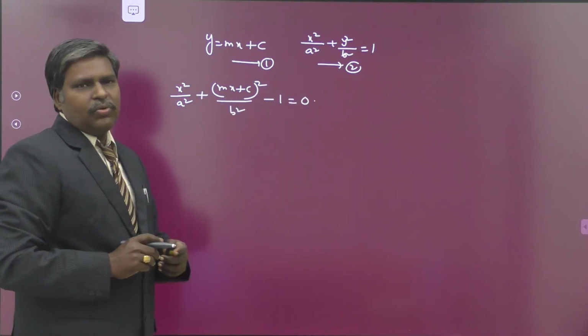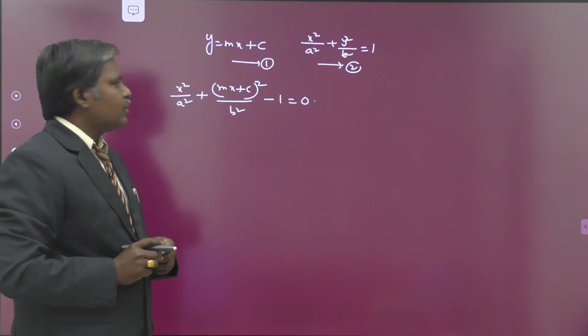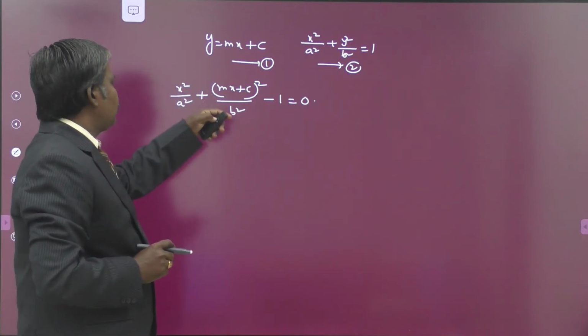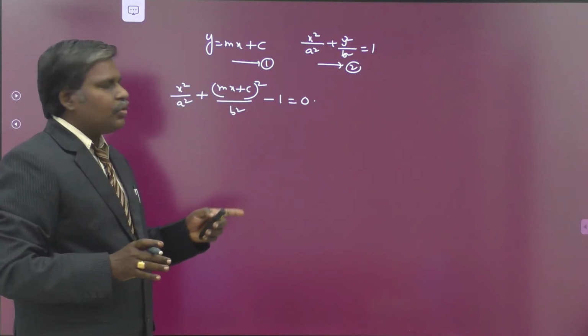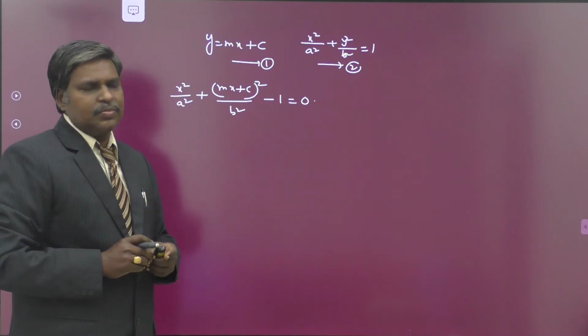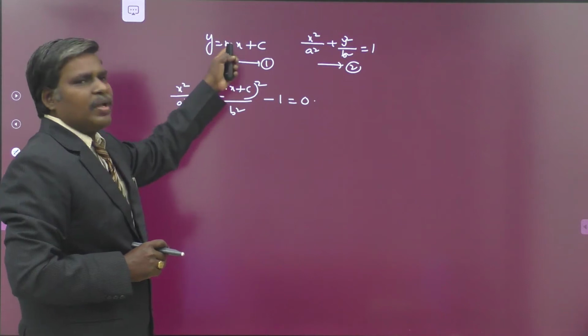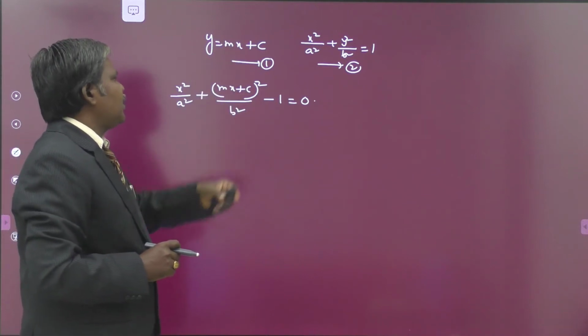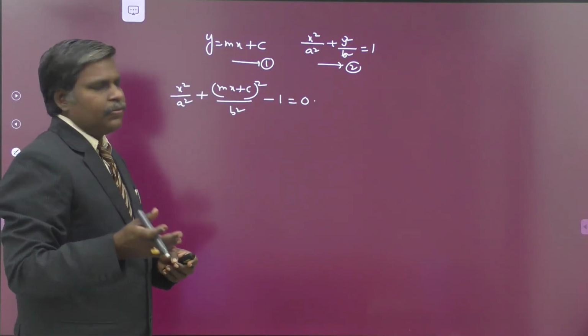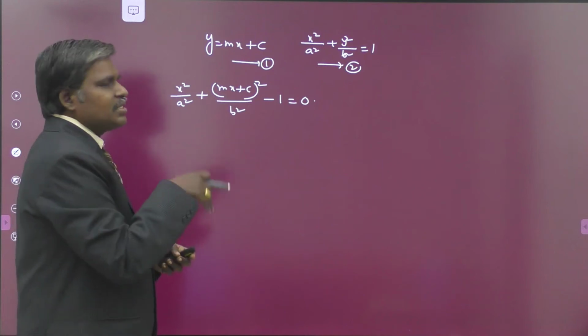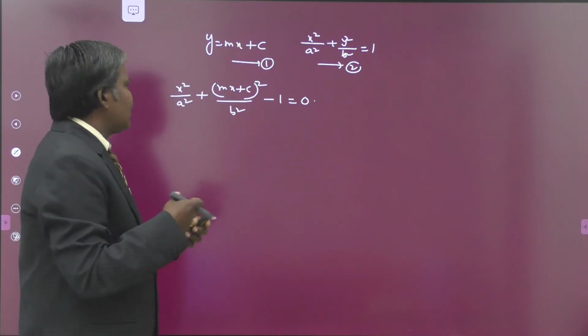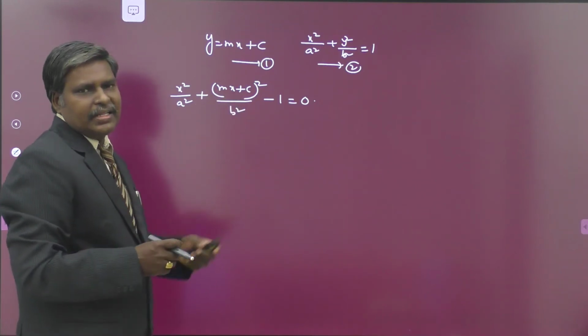Now, is it a quadratic equation in x or not? We have m square also, c square also, yet it is a quadratic equation in x, because m and c are constant values given by me. The line is y equal to mx plus c, so in that line equation, m and c are fixed, and m square and c square are immediately constants.